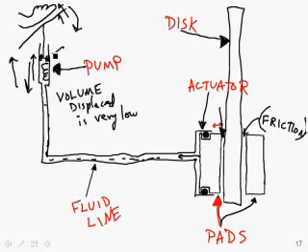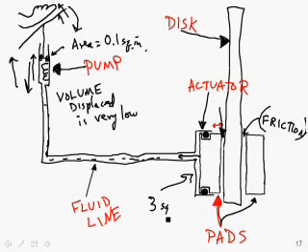Of course, the diameter here, let's just say for fun that the area equals 0.1 square inches, and we'll say that this actuator right here is 3 square inches. Well, the ratio of force from here to here is a ratio of 0.1 to 3. 3 over 0.1 equals 30 over 1.